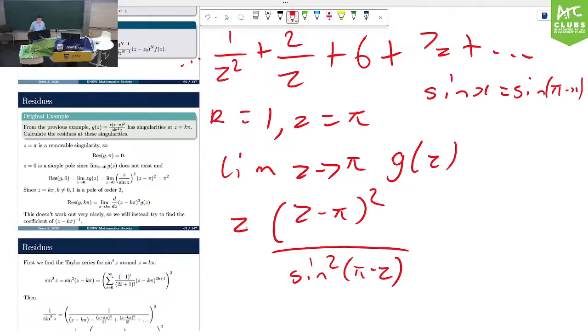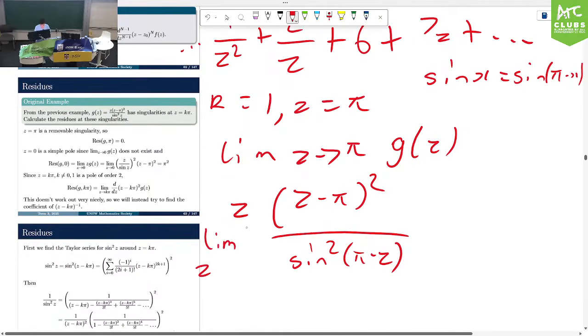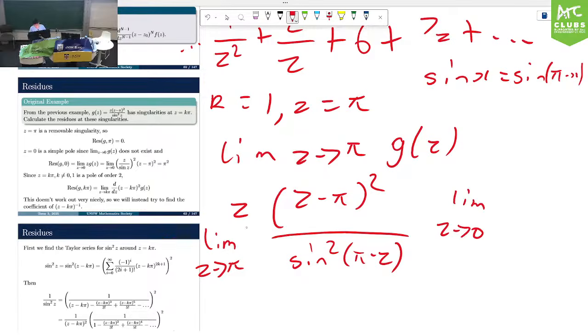That was proven in year 10 or something. Point is, if z approaches pi, I can do some manipulation of the algebra. Basically what it reduces down to is z approaches 0 of z squared over sine squared z. And then obviously that thing will go to 1, okay?